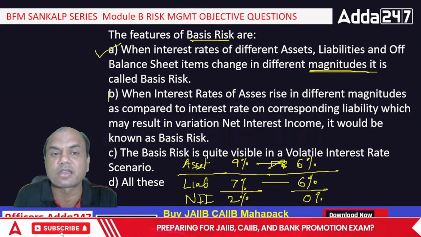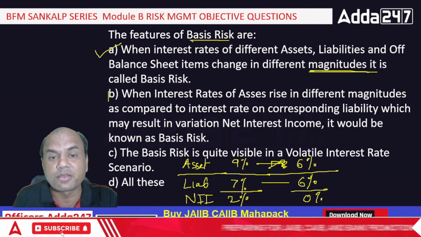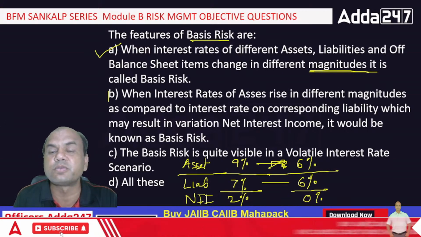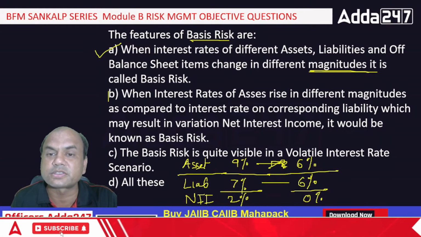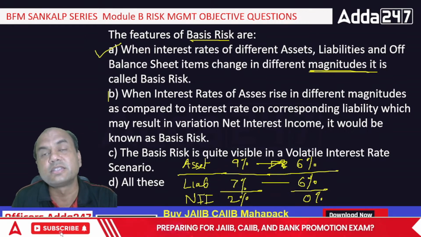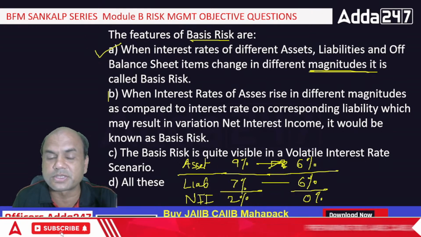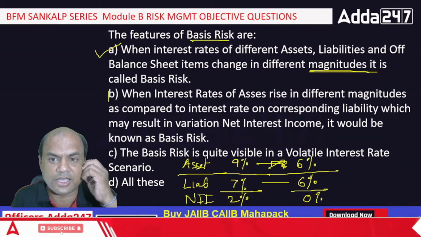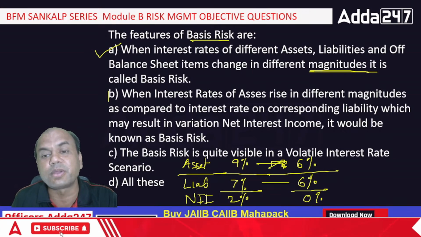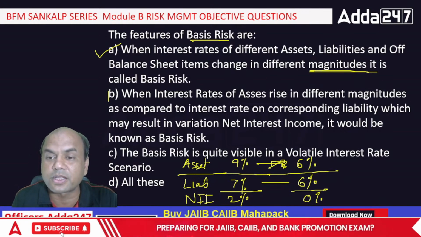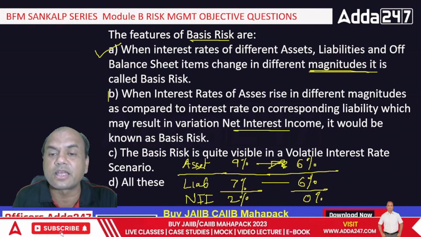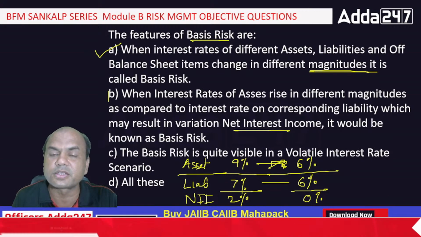A is correct. What about B? This also gives you the definition of basis risk. When the rate of interest of assets and liabilities change in different magnitudes, that's called basis risk. When the interest rate of the assets changes in different magnitudes as compared to the interest rates of the corresponding liability, which may result in net variation in NII, net interest income, it is called basis risk.